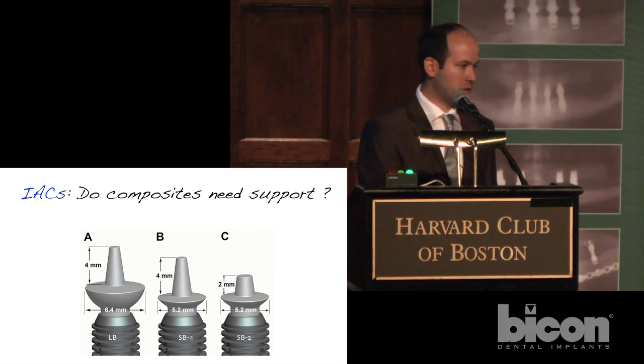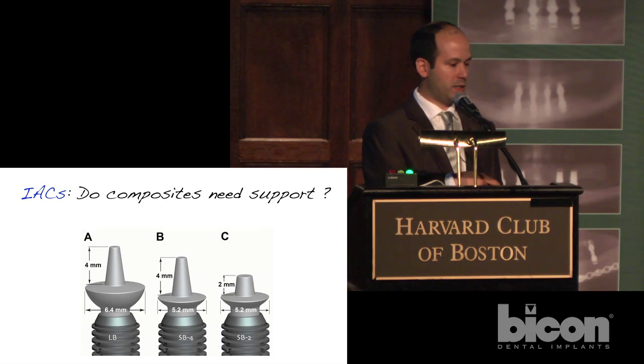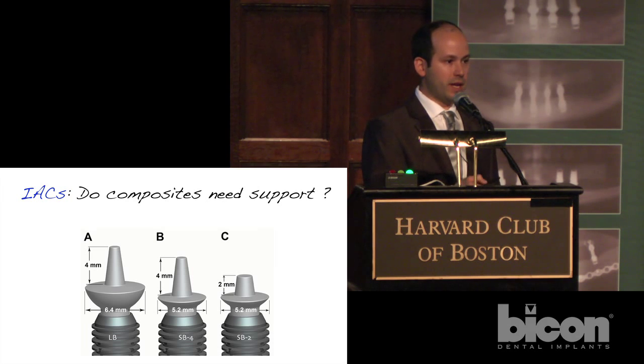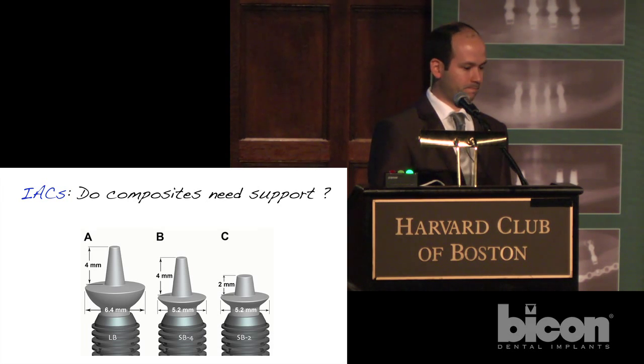We designed this study with 3 different abutment designs. One that we called large base, with a 6.4 millimeter base, and the others, small base with a 5.2 diameter, and we had a 4 millimeter cone in the center just for composite retention, and we also wanted to see if we reduced that to 2 millimeters, where you would end up.